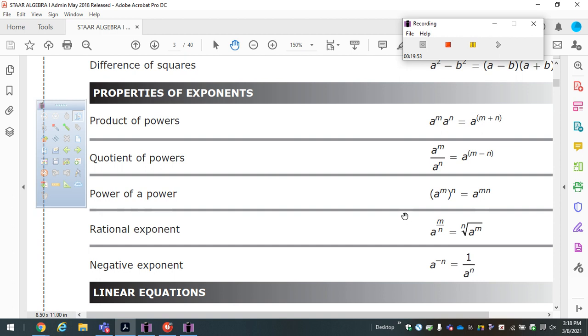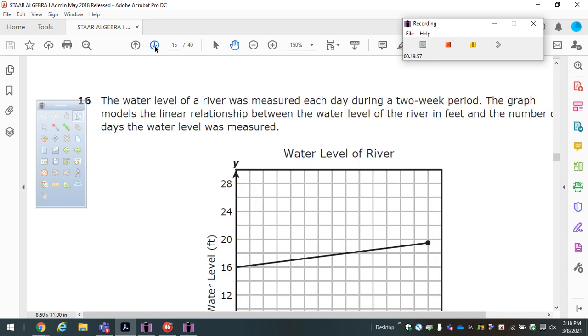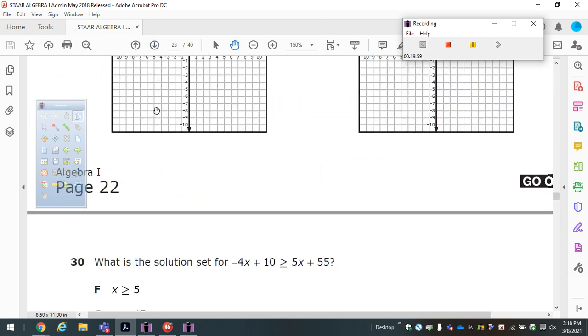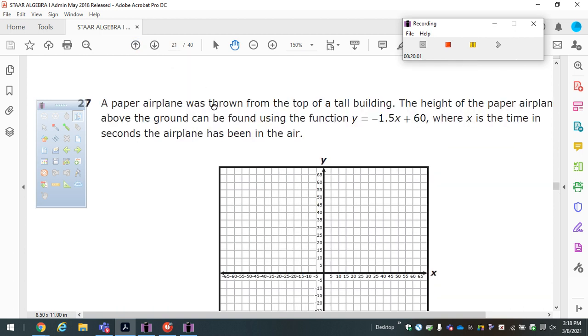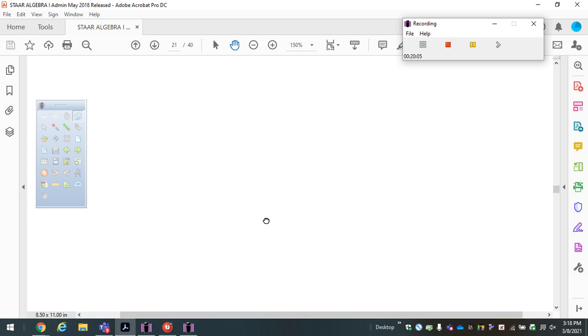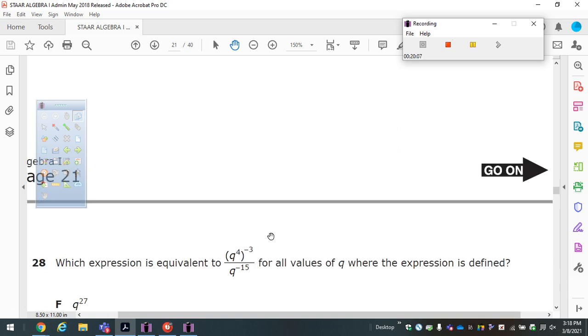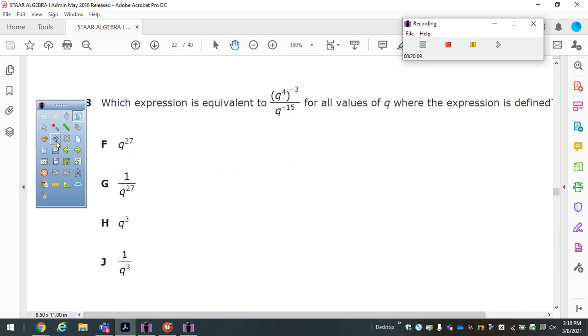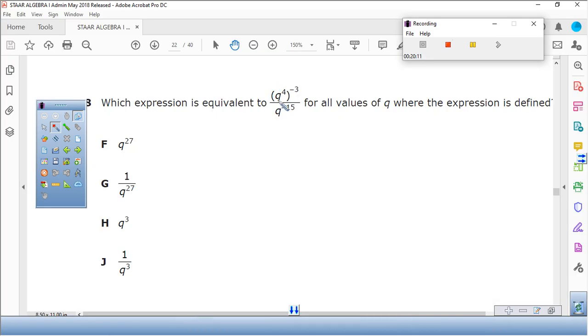What do they do? Oh, I have to go down to there she is. See that part right there?